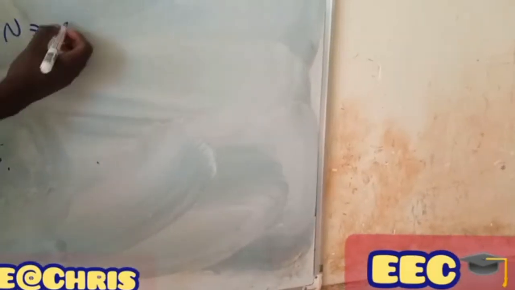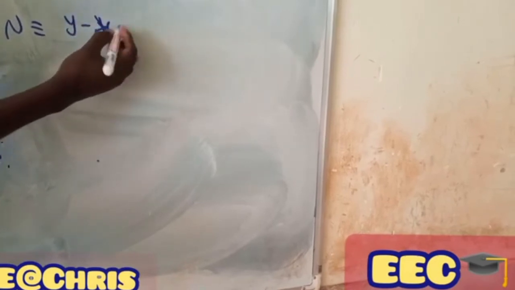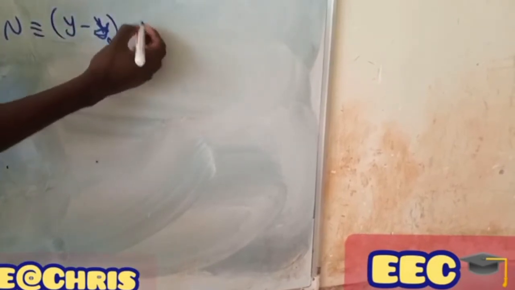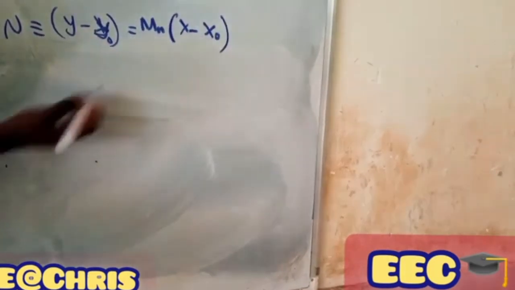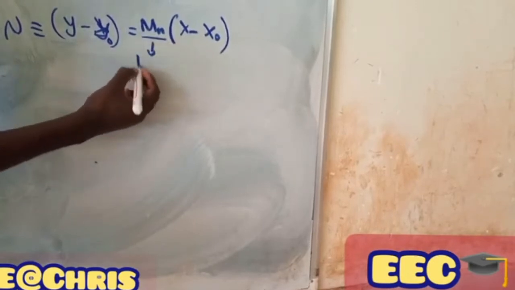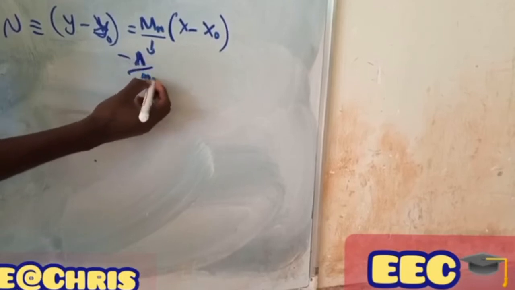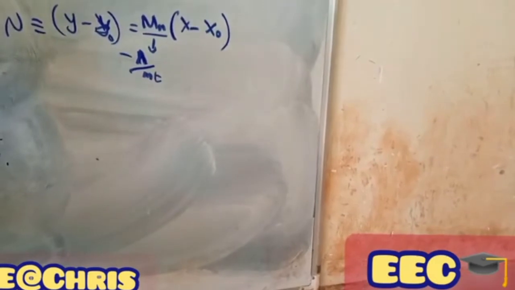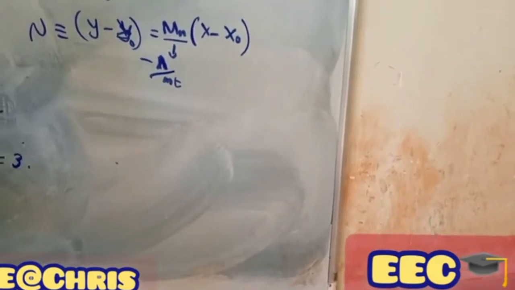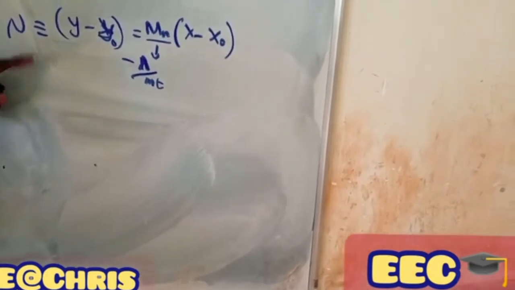For the equation of the normal line, as I said, the normal is y minus y0 equals mn times x minus x0. Here mn is equal to the inverse, minus 1 over mt. And our mt is the gradient, which is equal to 3, which we got by replacing the value of x in our derivative equation.